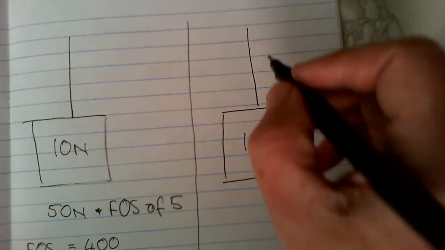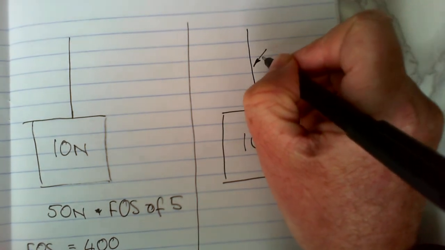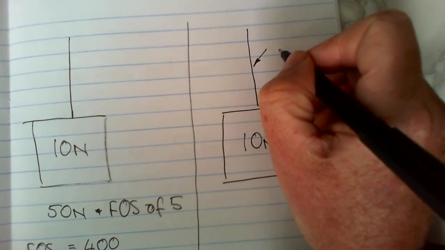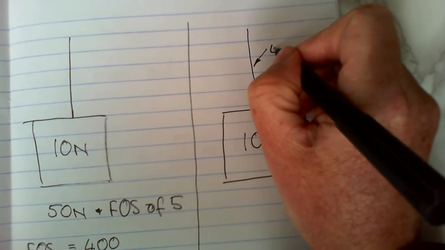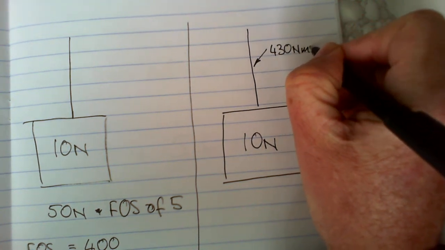So the ultimate tensile stress of this steel is going to be 430 newtons per millimeter squared.